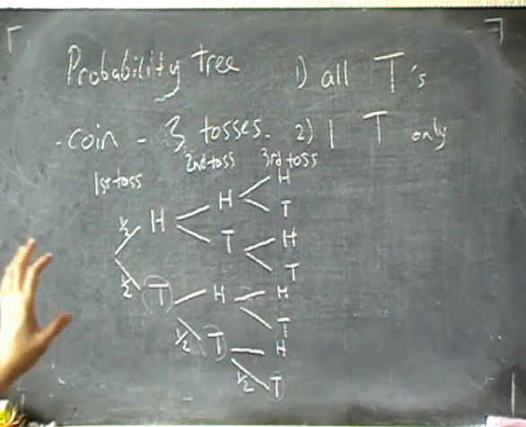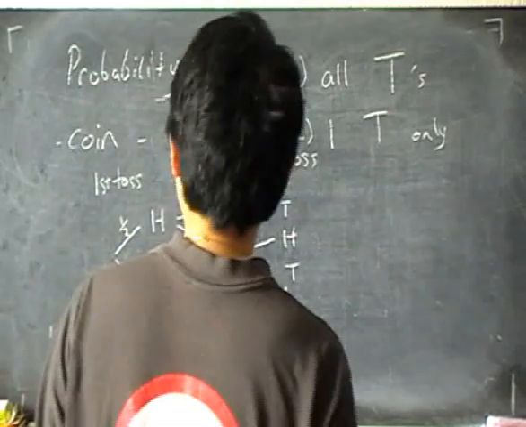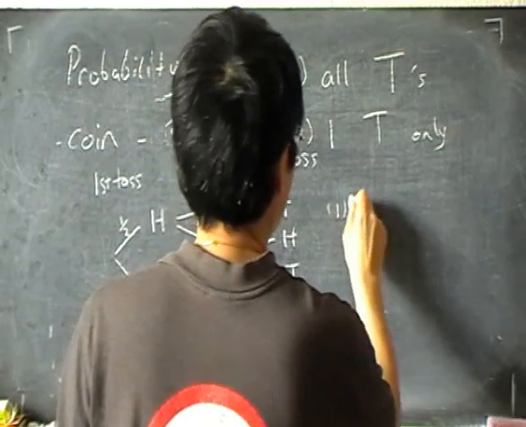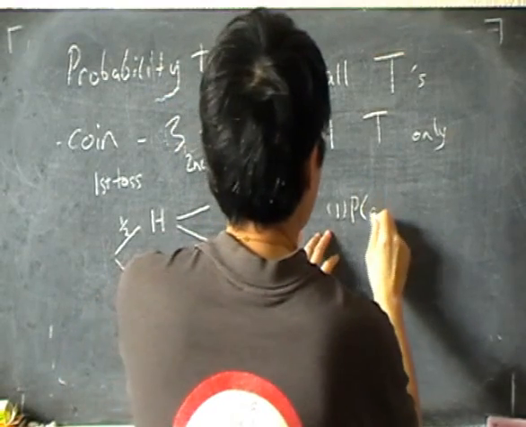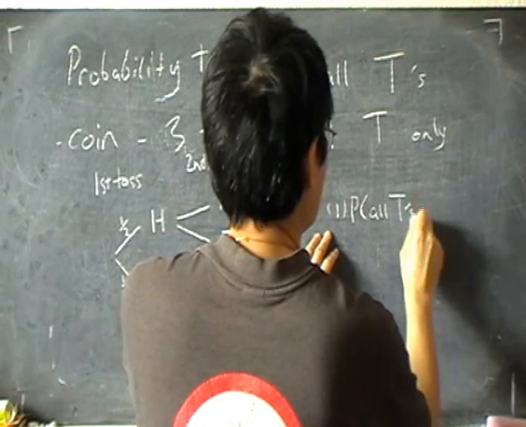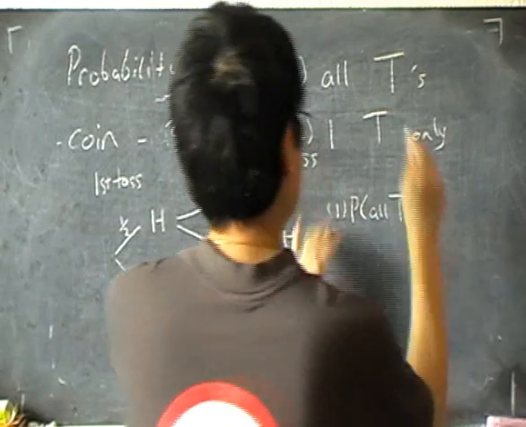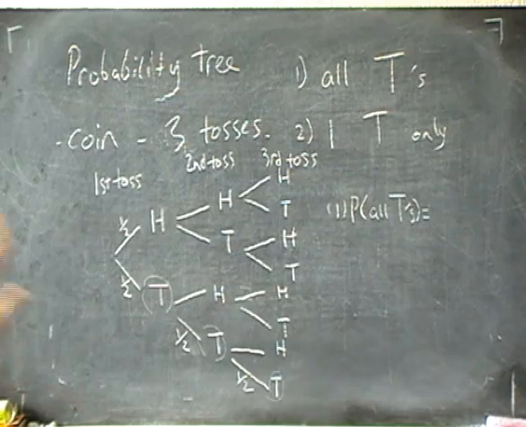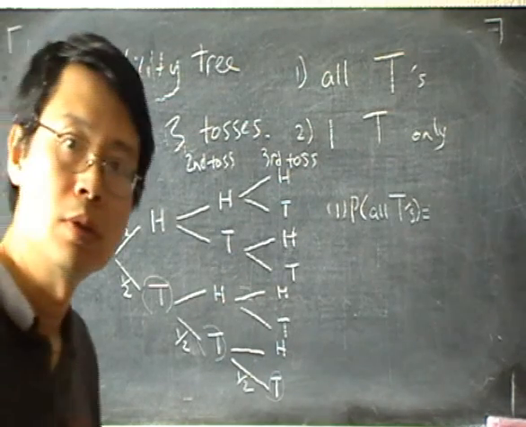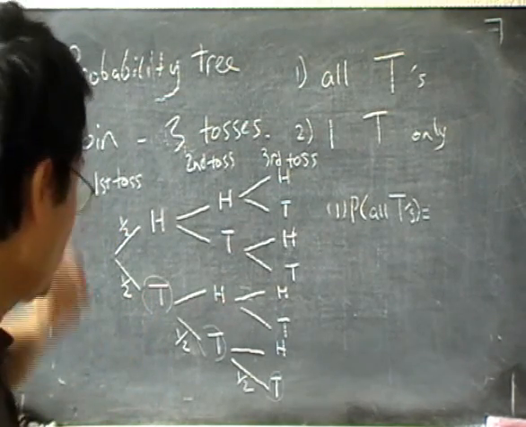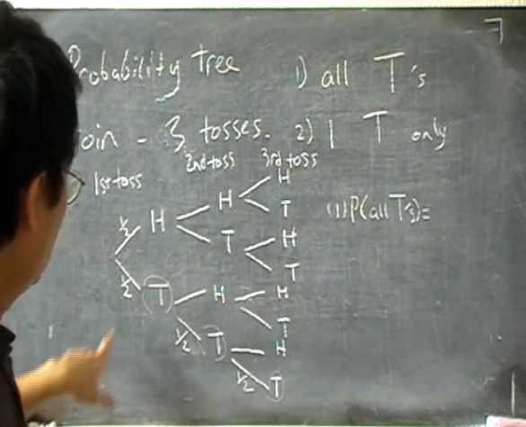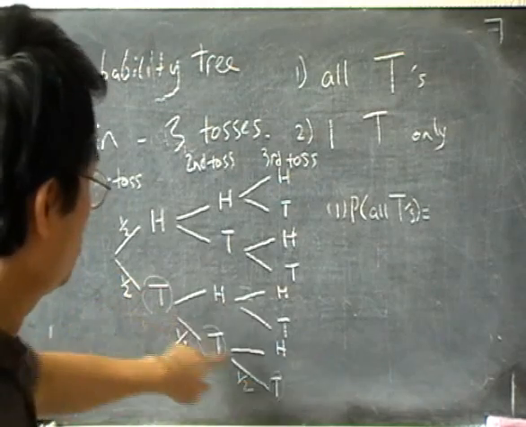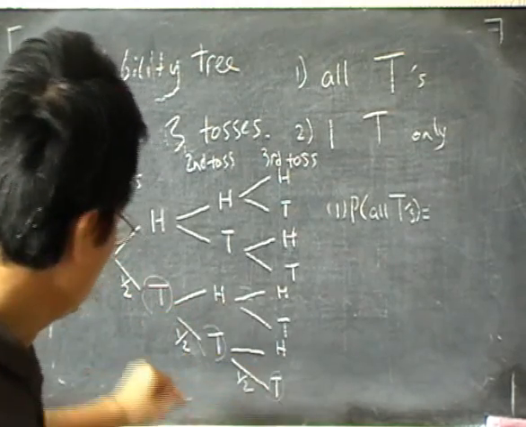Now, if I want to find the probability of getting all tails, what can I do? The way to do it with a probability tree is to follow the chain of events that you want, in this case tail, tail and tail.